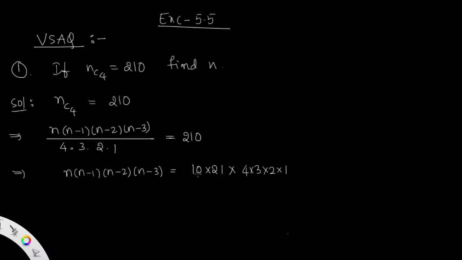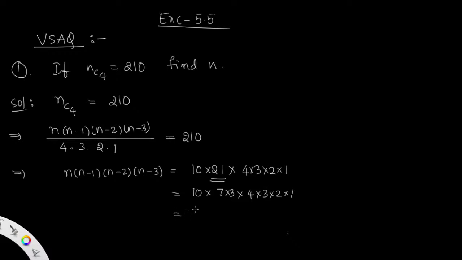The starting term is 10, and the next terms you have to write as continuous numbers. 10 into 21 can be written as 10 into 7 into 3, times 4 into 3 into 2 into 1.